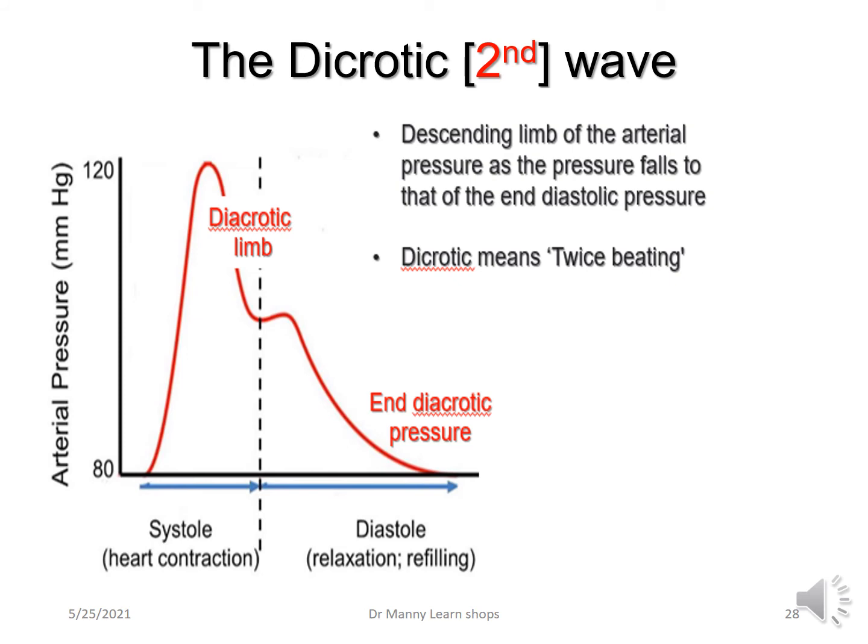Then you've got the second part of the waveform, which is called the diacrotic. And this is the descending part of the limb in the arterial pressure waveform as the pressure falls to that of the end diastolic pressure. And end diastolic pressure is basically the lowest pressure in the arteries at the end of diastole. And diacrotic basically means twice beating. It's the second part.